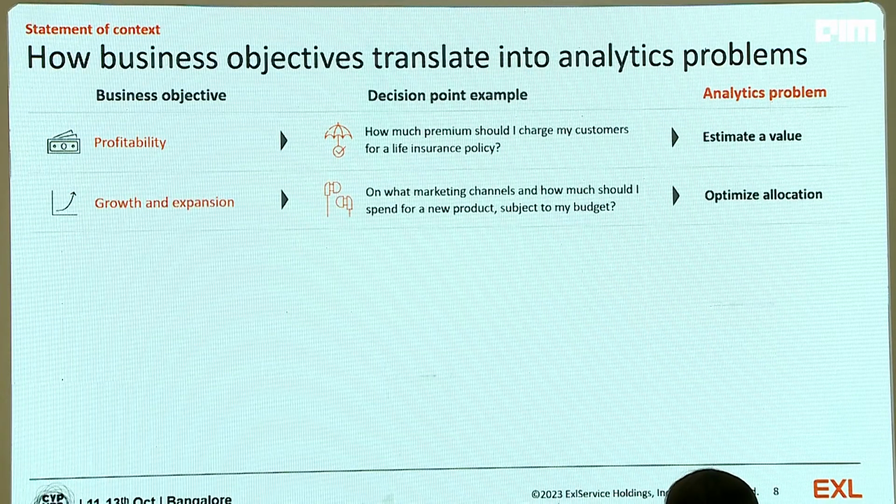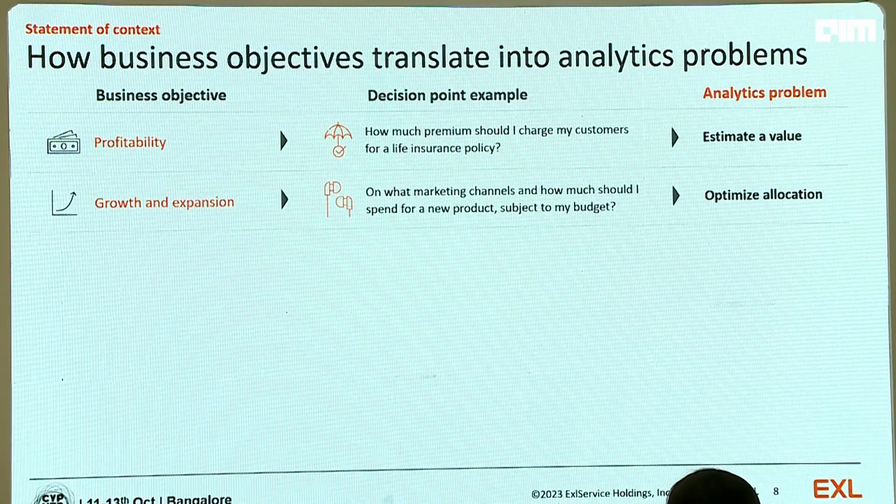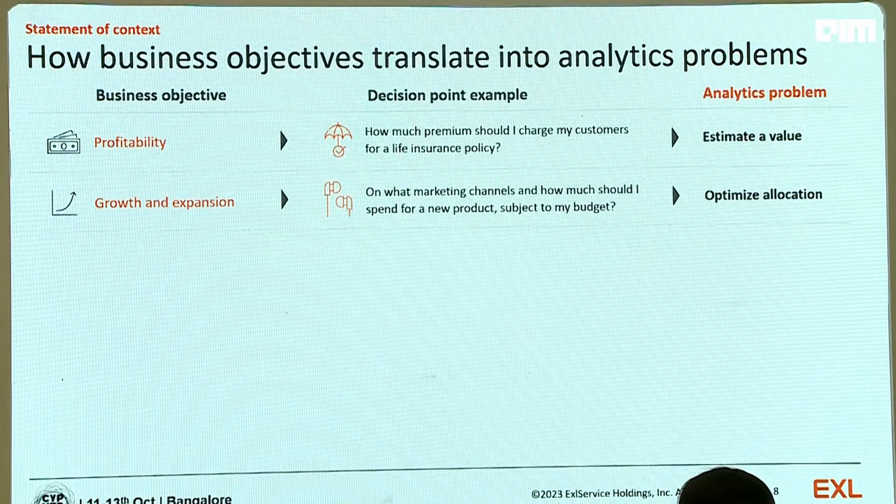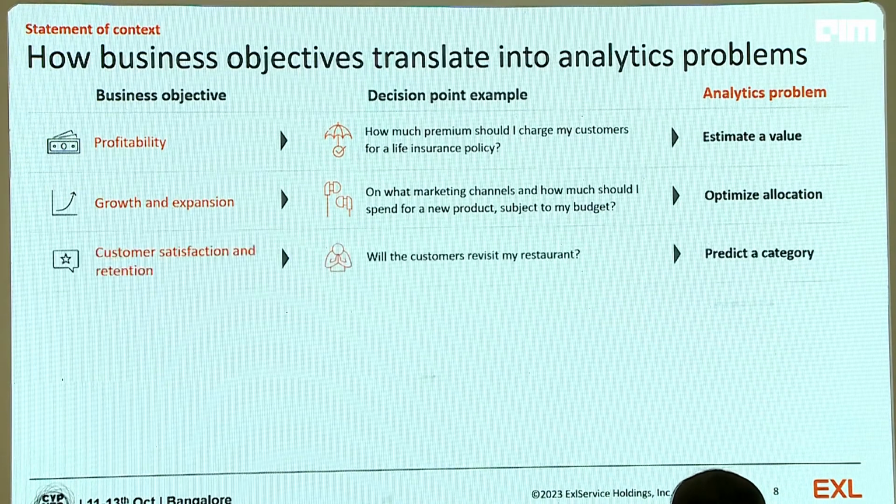It's a popular saying: I know 50% of my marketing spend is going to be useless, but I don't know which 50%. For that, you have to make sure the right techniques are applied, like media mix modeling, or marketing mix modeling, as we say, to optimize the ROI from each marketing channel. It becomes a problem of optimization.